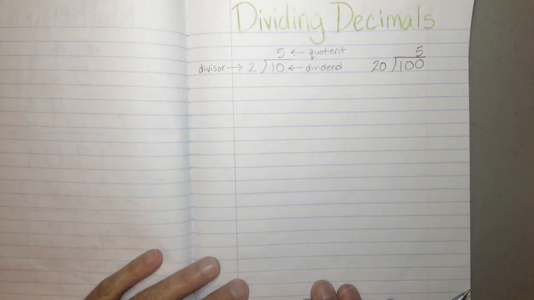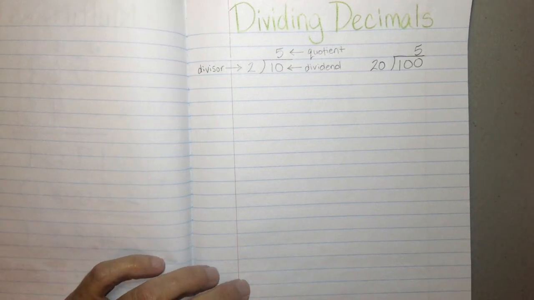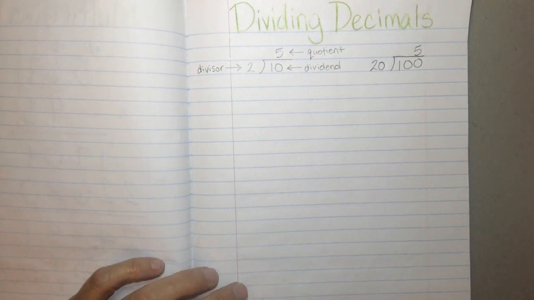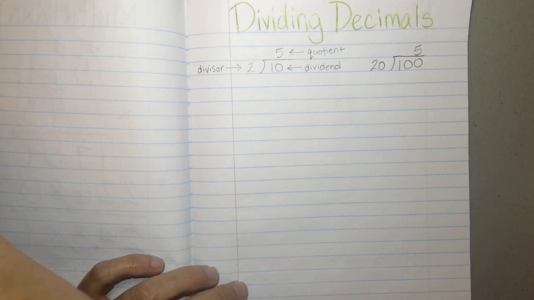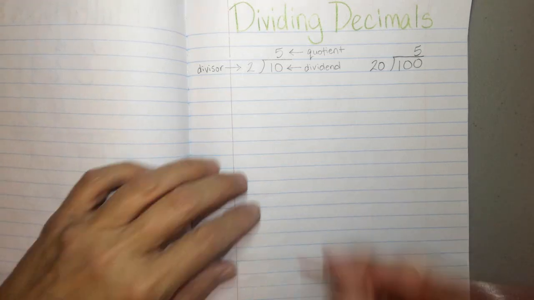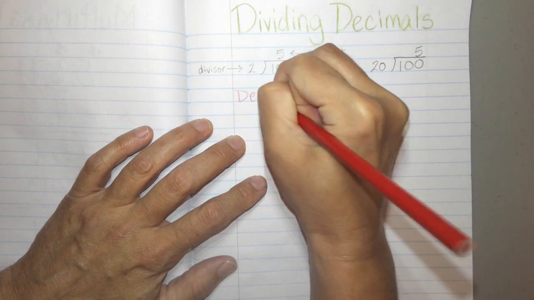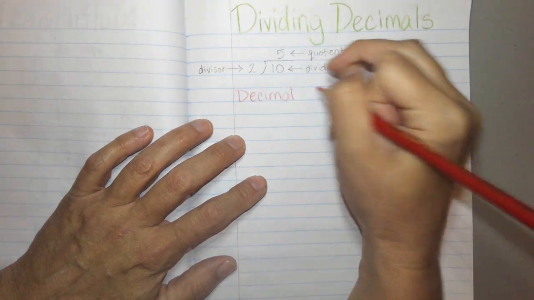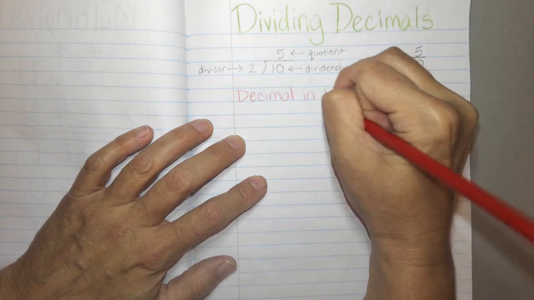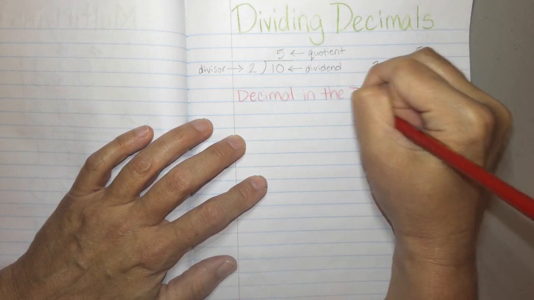When you're dividing by decimals, there are two situations. The first situation is a decimal in the dividend.